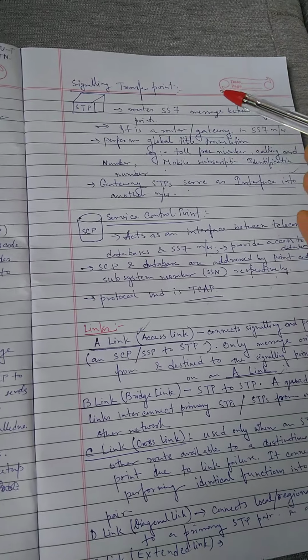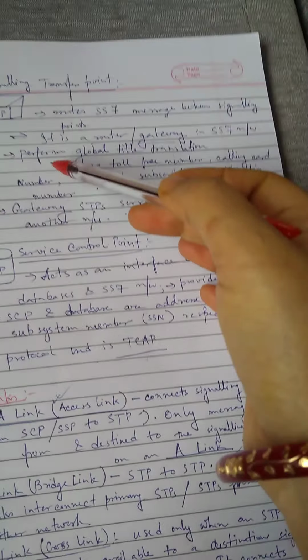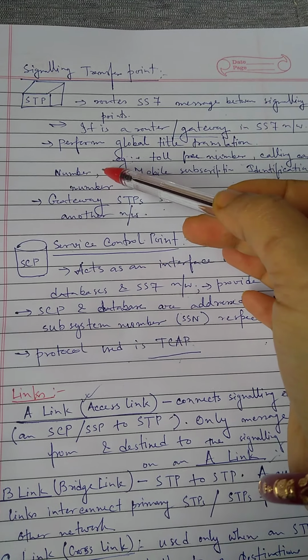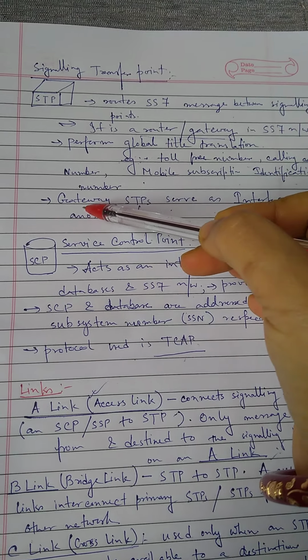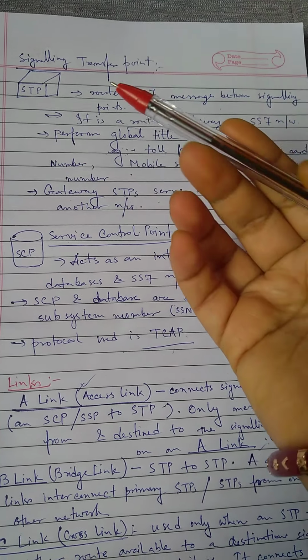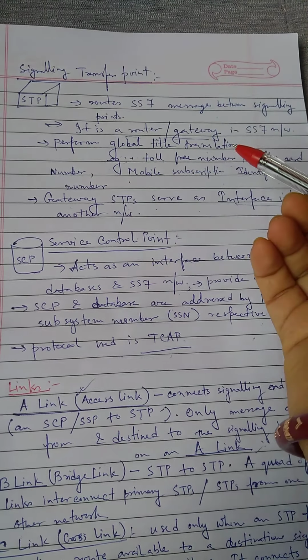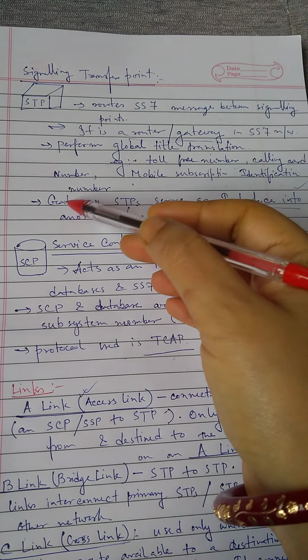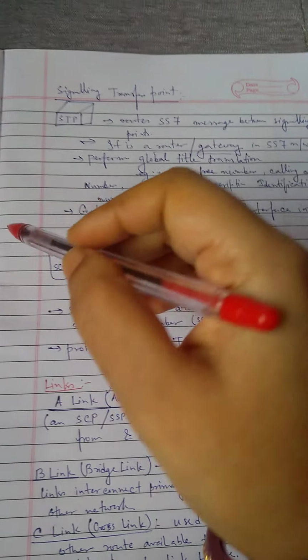My next point is the signaling transfer point. It is nothing but a router, or more specifically it also works as a gateway. Now what is a gateway? A router is a kind of switch or hub through which a message needs to be forwarded. But a gateway is the interface between two networks.